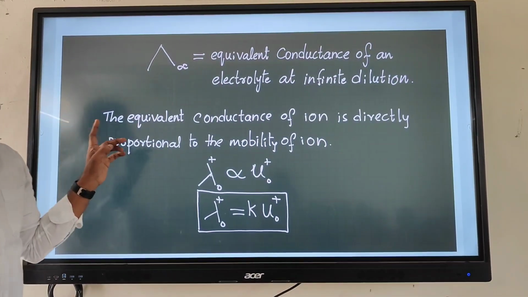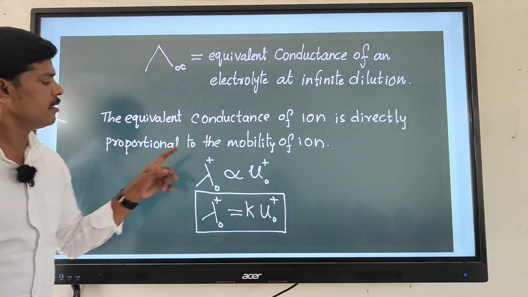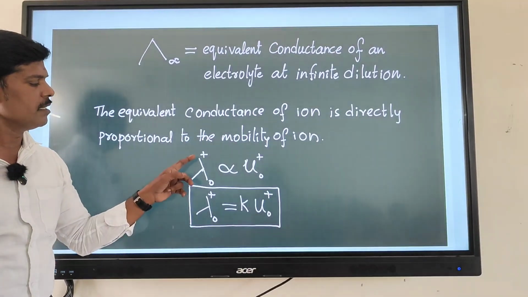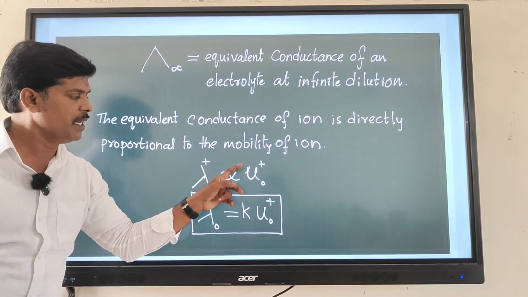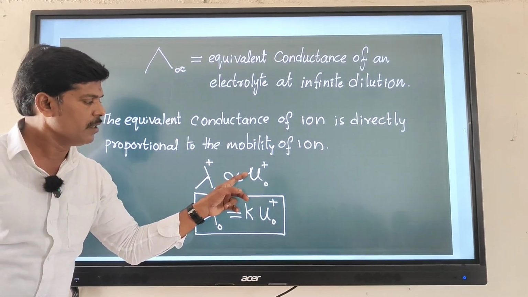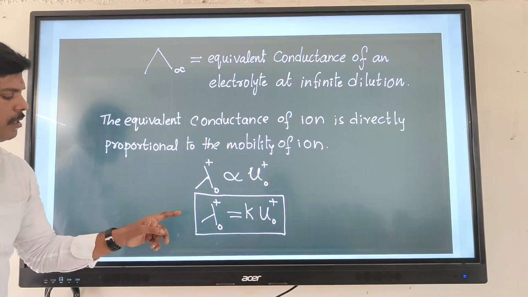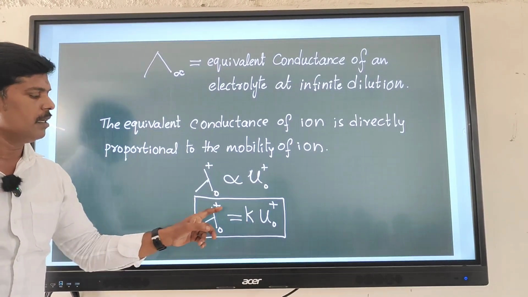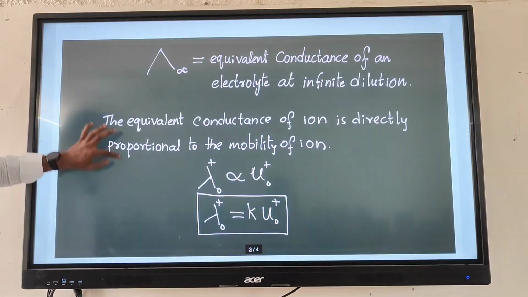The equivalent conductance of an ion is directly proportional to the mobility of the ion. Lambda naught plus is directly proportional to the mobility of the cation, denoted by U naught plus. So lambda naught plus is equal to K into U naught plus. Here K is a proportionality constant.